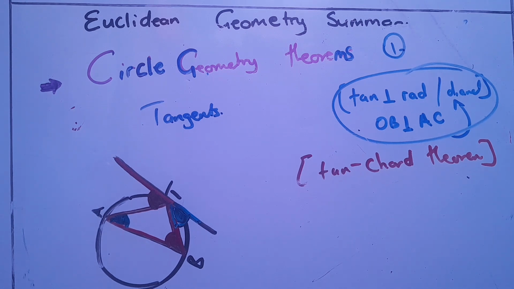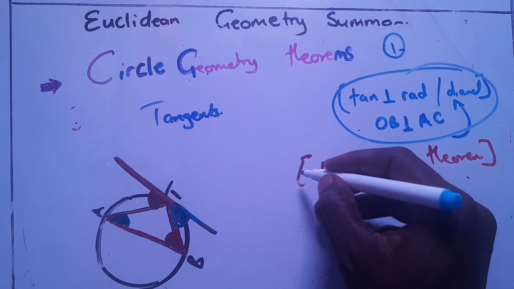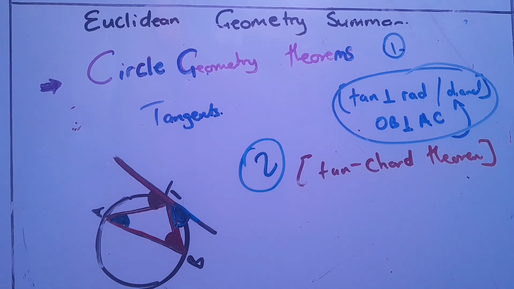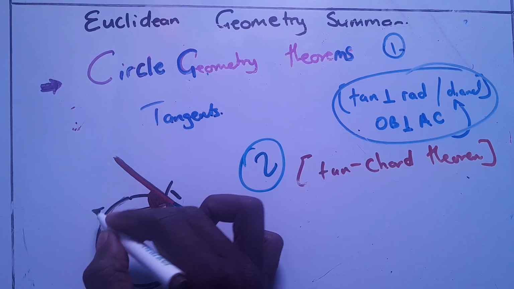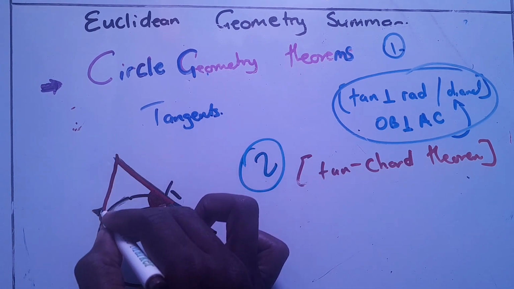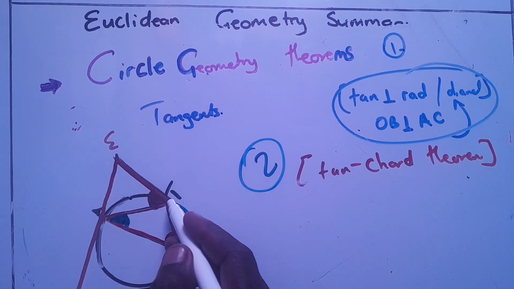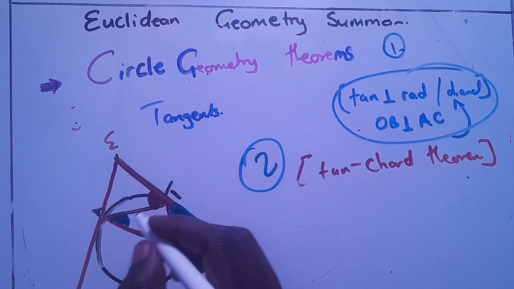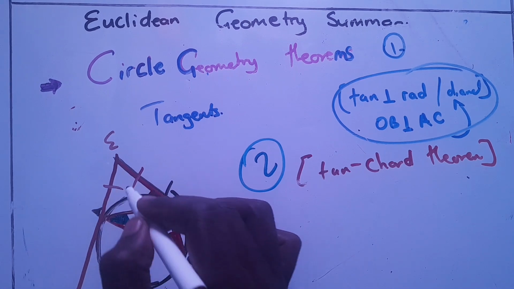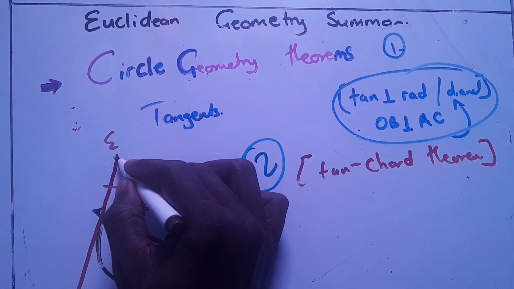The last one that we can have on tangents, so this is the second situation that you have to check for whenever you are given tangents. We can also have two tangents from the same point outside the circle. These two tangents from the same point outside the circle will always be equal from the point of contact.